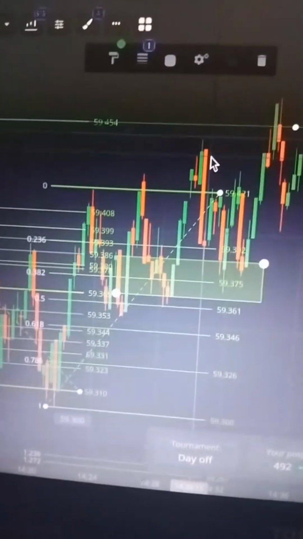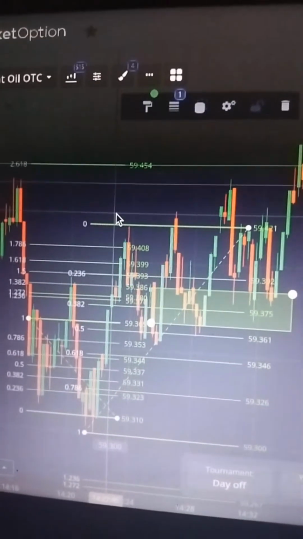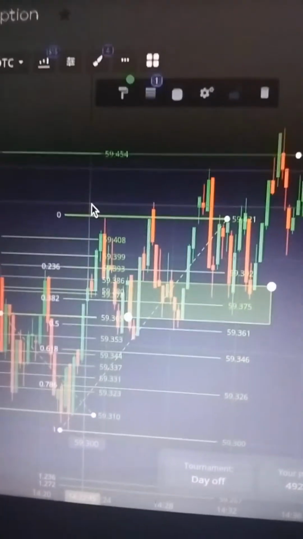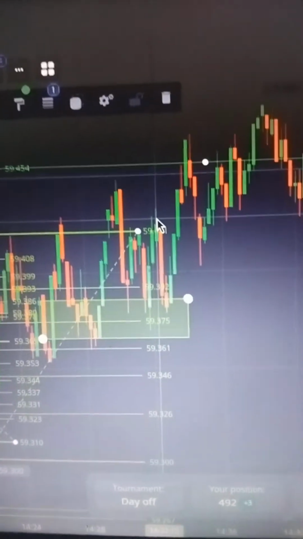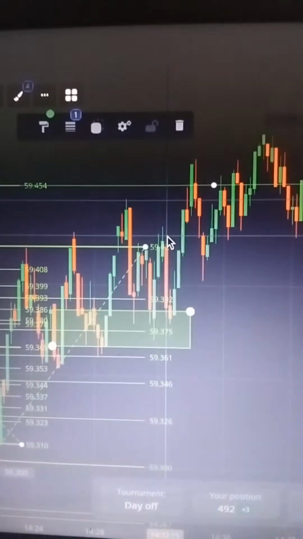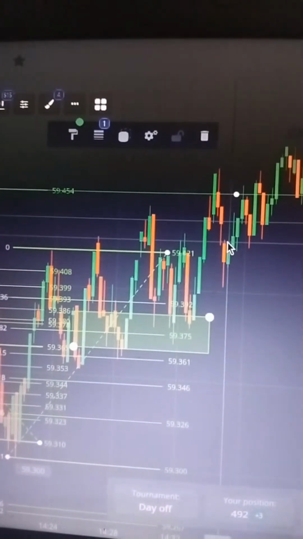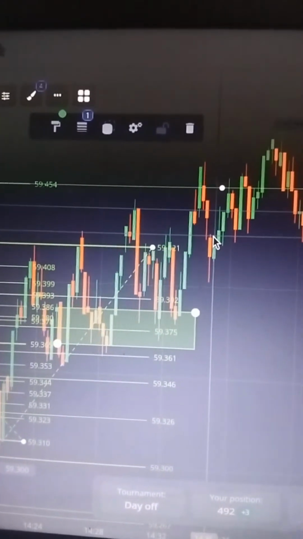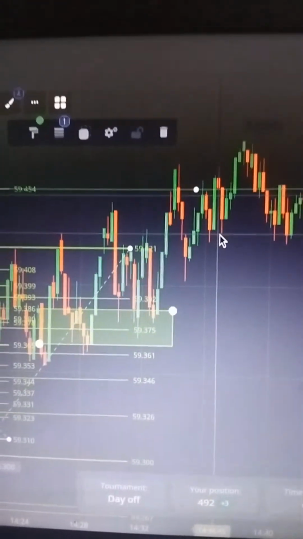Even so, they are not on Brent oil, which is OTC. Since market structure is the same, what I'm talking about here right now works on all markets: on gold, on Bitcoin, on euro dollar, pound dollar, the currencies, Nasdaq, ES, all of them.